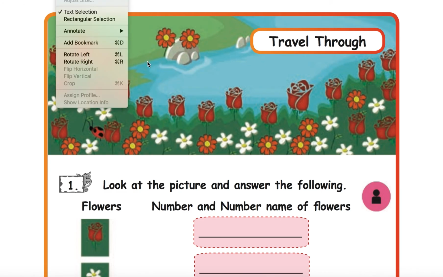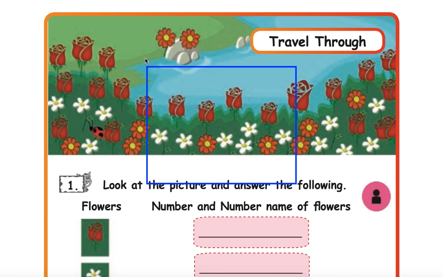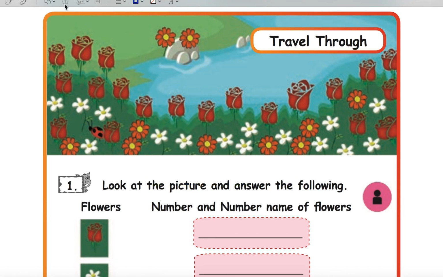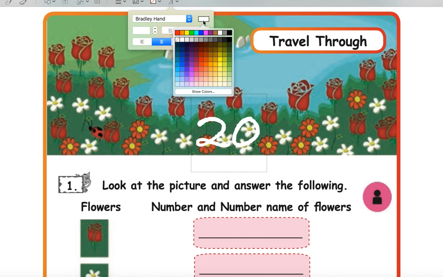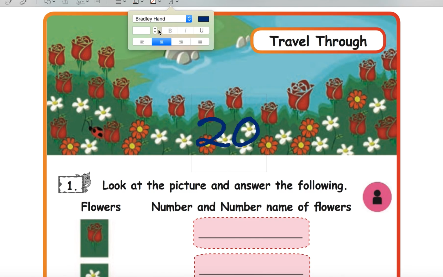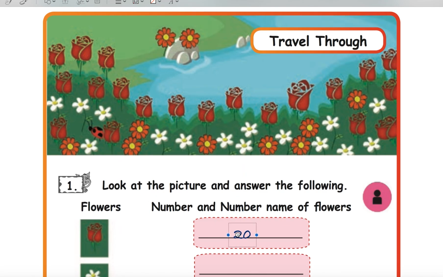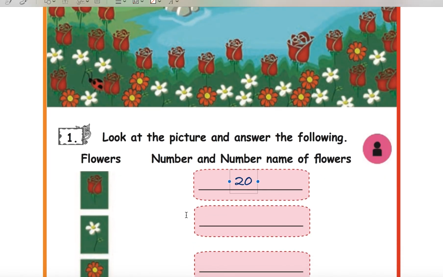How many flowers? 20. Name of the flower is rose.